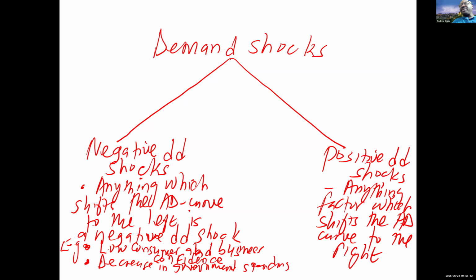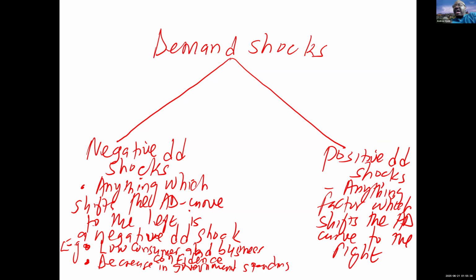So if the government decreases spending, what we call contractionary fiscal policy, or raises taxes, that shifts the AD curve to the left. So we call those negative demand shocks. What about if the government decides to increase spending instead and decrease taxes? That's going to shift the aggregate demand curve to the right, so that's a positive demand shock. When consumers and businesses have low confidence, that will shift the AD curve to the left, so it's a negative demand shock.